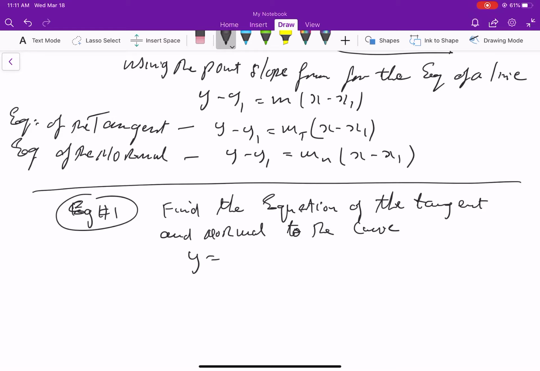pick a nice one. Make up a nice one. Y is equal to 6 minus 3x minus 4x squared minus x cubed.